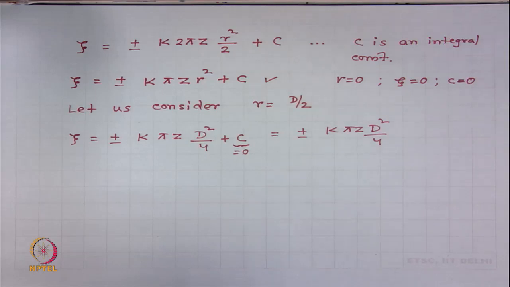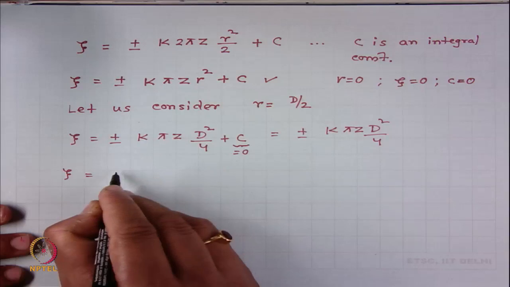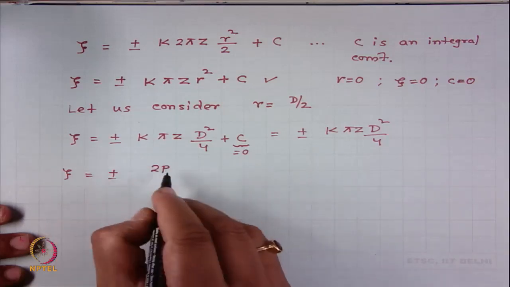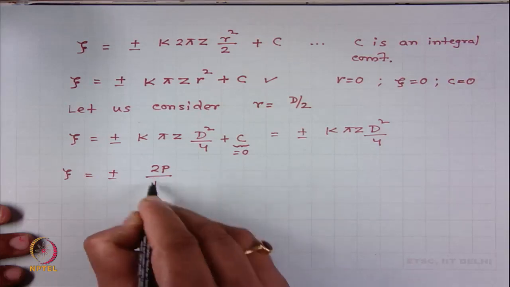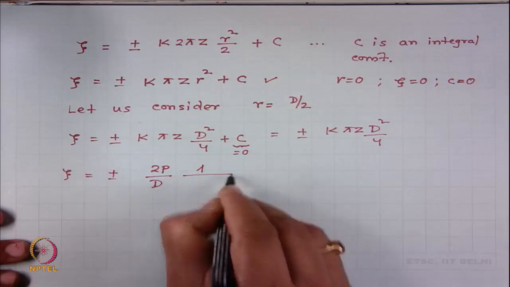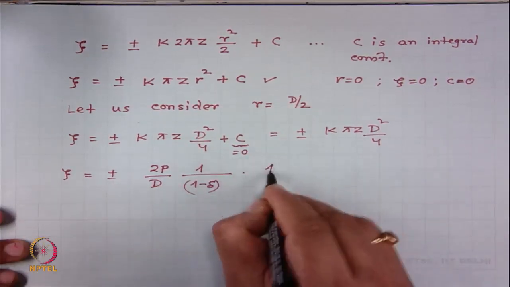What is k? K was 2p by d into 1 by 1 minus retraction into 1 by tangent of beta d.